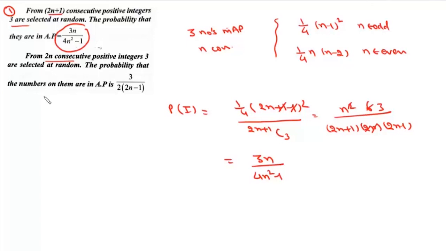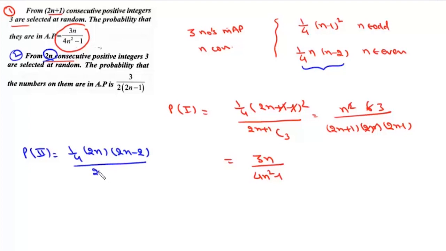Now for the second one, we have an even number of numbers. In this case, the favorable cases are n into n minus 2 by 4 if n is even. So it will be 1 by 4, where n in this case is 2n, into 2n minus 2, divided by any 3 from 2n, so it will be 2n C3.